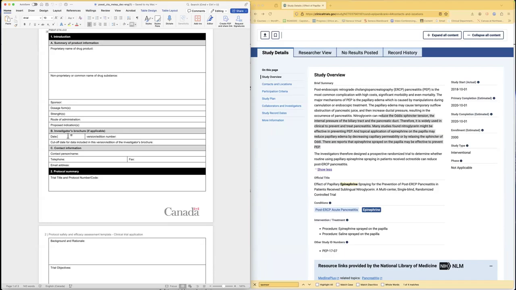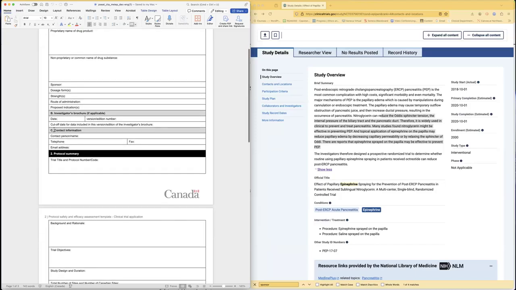Don't forget that the investigator's brochure is a document that will later, when we go to the market, become the product monograph in Canada, or the product label in the US, or the summary of product characteristics in Europe. So if the investigator's brochure is applicable, we write it down, but if we don't have it, you can leave it blank or put a hypothetical text if this is for an exercise.